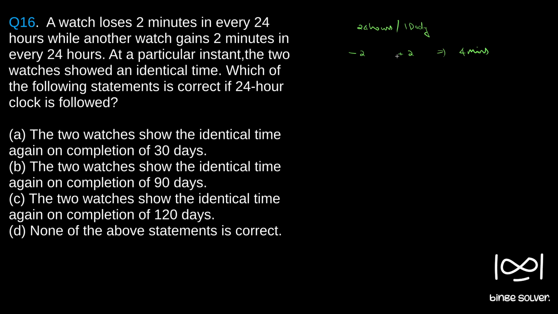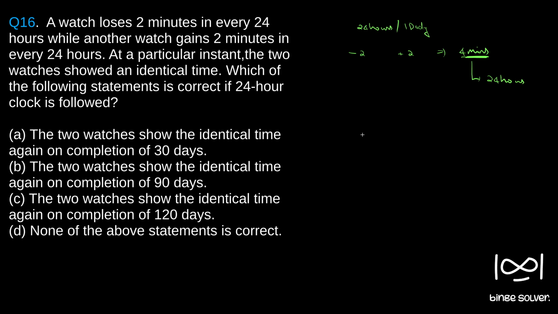And to show the identical time again, the difference of 4 minutes should reach 24 hours. So after 2 days it becomes 8 minutes. After 3 days again 4 added, 8 plus 4, 12 minutes. Similarly, as each day goes, the difference keeps on increasing, and when the difference reaches 24 hours, they show the identical time again.